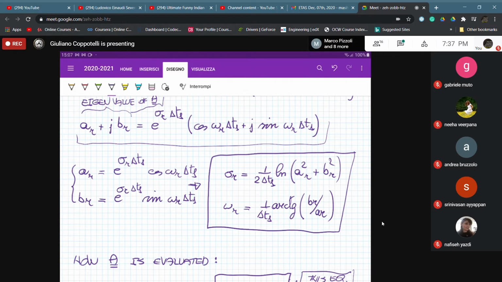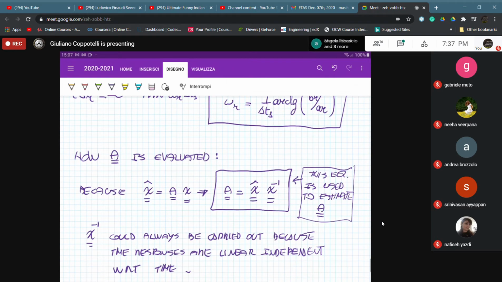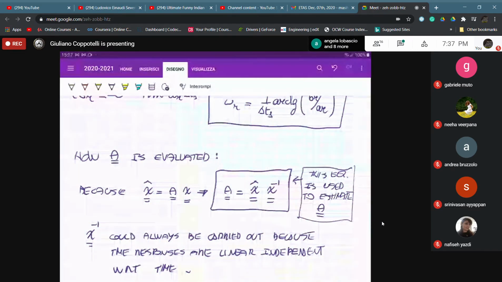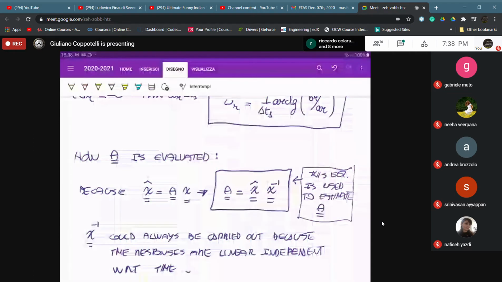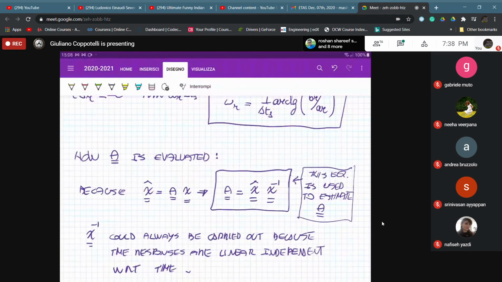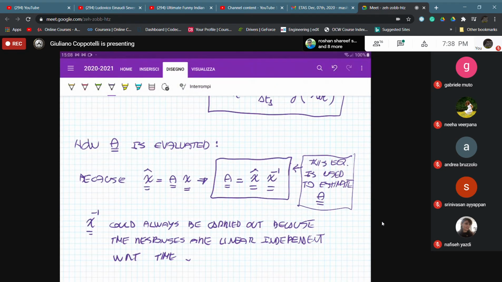Another important thing is: what if we are in trouble in making the matrix inversion? Remember, in every procedure that requires matrix inversion, you have to take special care of this numerical operation. In our analysis, chi to the minus 1 can always be carried out because the rows and columns of the matrix of responses are always linearly independent.